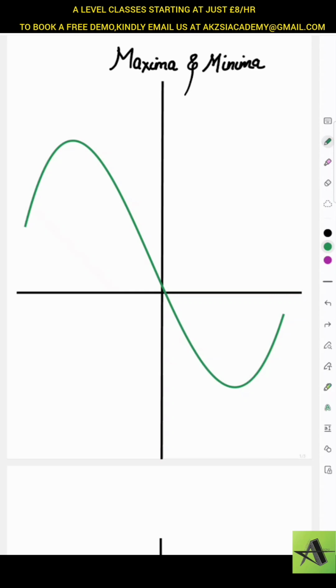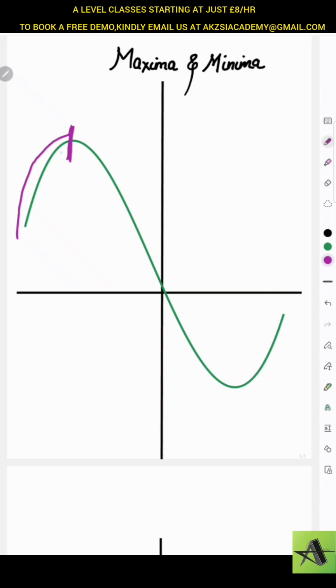Take the example of this one. Whether the point is a maxima point or a minima point, in both cases it's called a stationary point, because this is the point where the function is neither increasing nor decreasing. Like take the example of this one. Here you can clearly see the function is increasing, and at this point, is it increasing or decreasing? Nothing is happening.